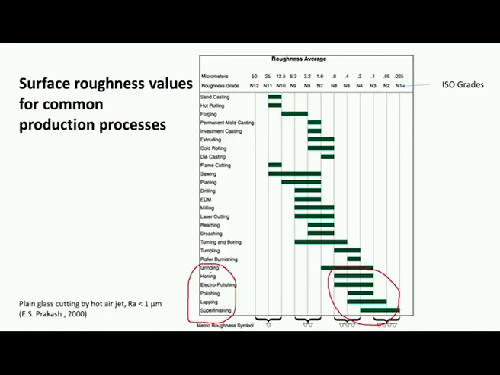Now depending upon the availability, which facility is available, we can appropriately select the machining operation. And then for rough surfaces, we can always go for milling, drilling, planing operations, which are able to provide the finish in the range of 0.8 to 6.3 micrometer Ra.